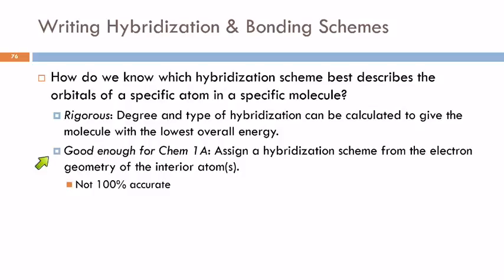We're going to go with good enough for Chem 1A, right? You don't always have to do the best, most perfect thing. We're going to assign the hybridization scheme based on the geometry of the interior atoms. So we're going to look at the Lewis structure and count the electron groups, and that's going to tell us what the hybridization is. Not 100% accurate, but it's good enough, okay?